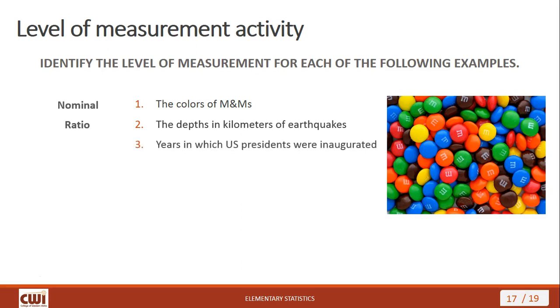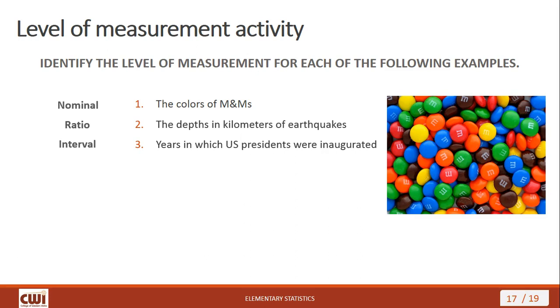Here's the next example. Years in which U.S. presidents were inaugurated. I'll give you a few seconds. Hope you said interval because that's what this is. Interval level of measurement. So you're looking at years.